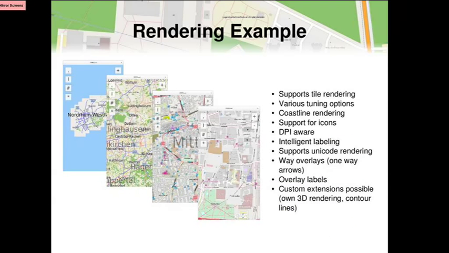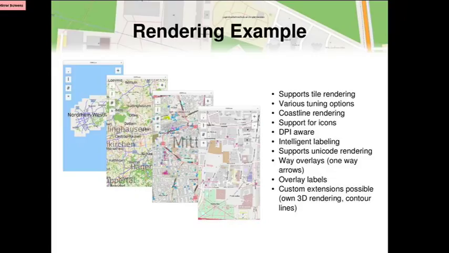So these are rendering examples. This is a zoom in on North Rhine-Westphalia. The rendering engine supports tile rendering, so you can integrate into existing tiling frameworks. You have various tuning options. You have coastline rendering, fast coastline rendering. The support for icons. The rendering is DPI aware. You have rather intelligent labeling. It supports Unicode.